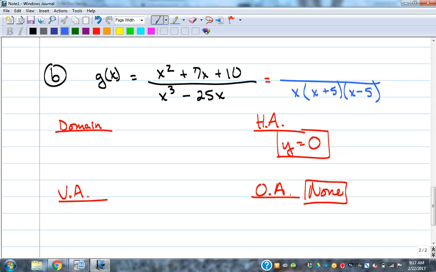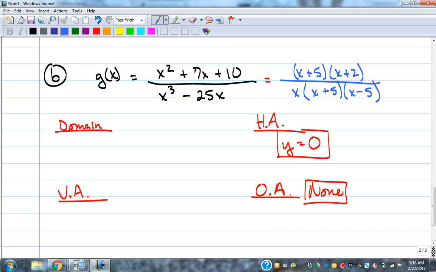So following the rules of factoring, GCF happens first, and then you look to see how many terms you've got. You've got 2 terms with a minus sign in the middle, x squared minus 25, that's a difference of squares. So that's how I factor the denominator. What does the numerator factor as? All right, so that helps us when we go to do our vertical asymptotes.